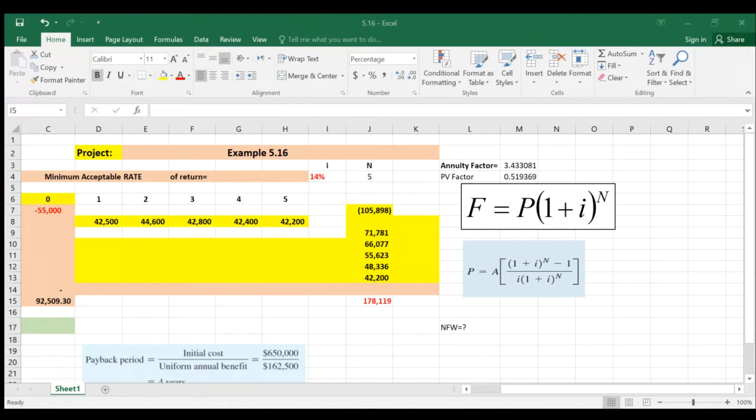Okay, I'm going to explain now what I have done. I am going to explain to you the formula which we used.